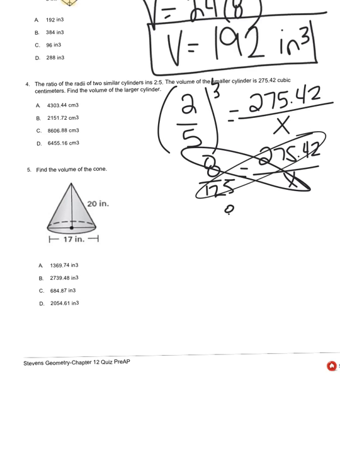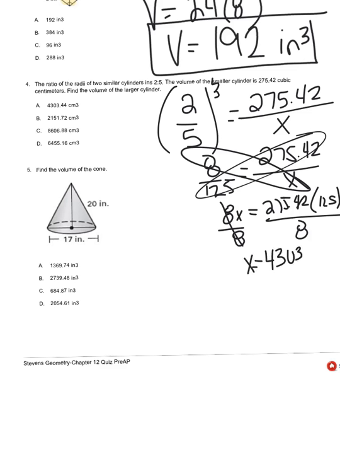So I have 8x equals 275.42 times 125, and I'm just going to divide that by 8. The volume of the larger cylinder is equal to 4,303.44 centimeters cubed.